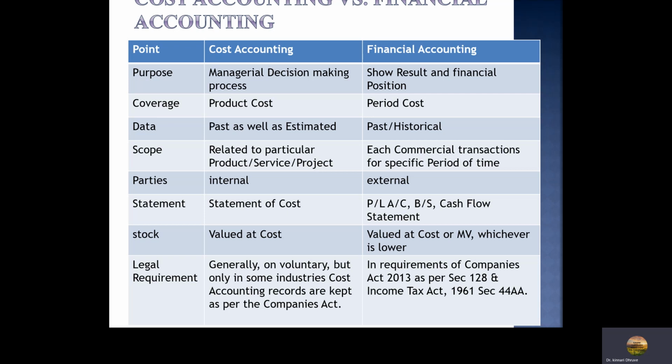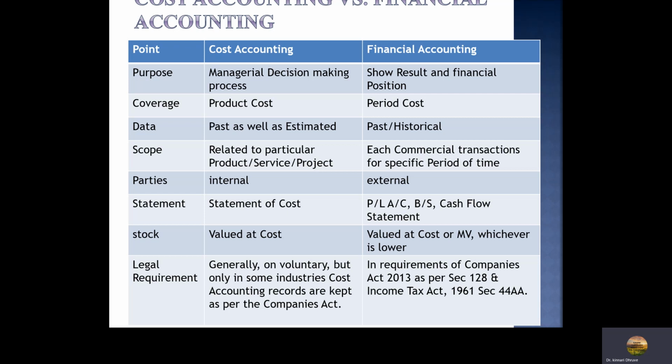So cost accounting only considers the product cost. It does not consider the period cost, while financial accounting is concerned with the period cost. It shows what the profit and loss is for a particular period, while cost accounting shows the profit and loss for a particular period or a particular service. Now data.